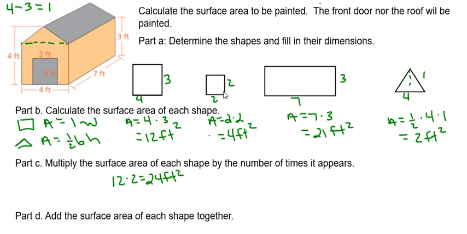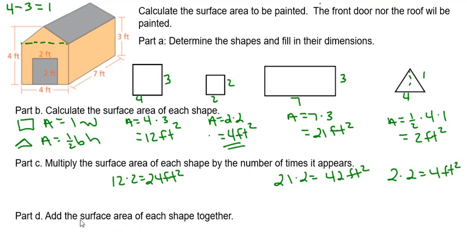My door is only going to appear once, so that is okay to leave at 4 feet squared. My sides, I have a left and a right side, so I'm going to do 21 times 2, which is equal to 42 feet squared. And then I have, again, a front and back of my house, so that triangle appears twice. So I'm going to have 2 times 2, which is equal to 4 feet squared.